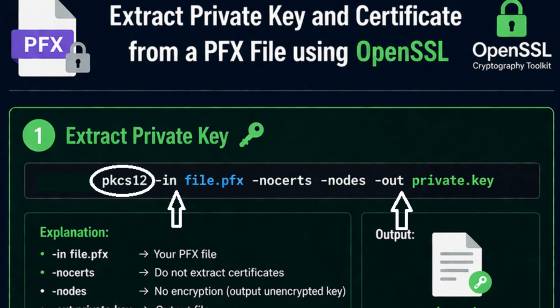When we are going to deploy the commands, the first command component is pkcs12. Basically, it's a command line parameter where we mention a complete package, because when we talk about the PFX file, we know that inside it we have the private key, the original certificate, and the intermediary and root certificates as well. So at the start of the command we use pkcs12 to define the complete package.